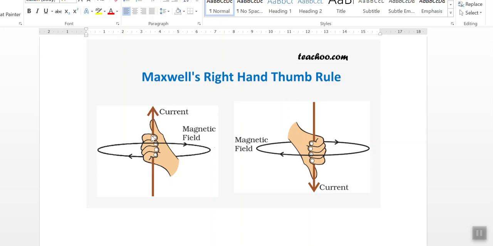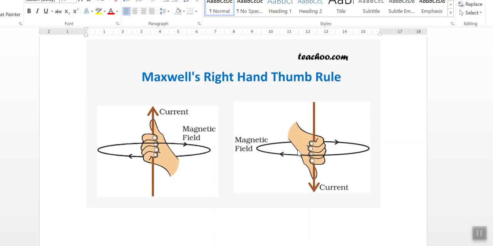These four fingers will give the direction of the magnetic field. So if you hold your thumb like that and you're looking from above, you see that the magnetic field is going in the anti-clockwise direction. But when you hold your thumb downward, and the current is going downward like this, then what is the direction of the magnetic field? It is in the clockwise direction.